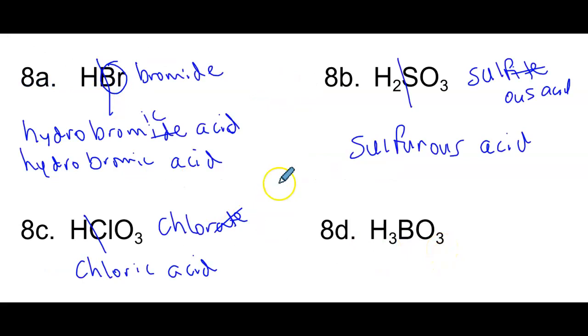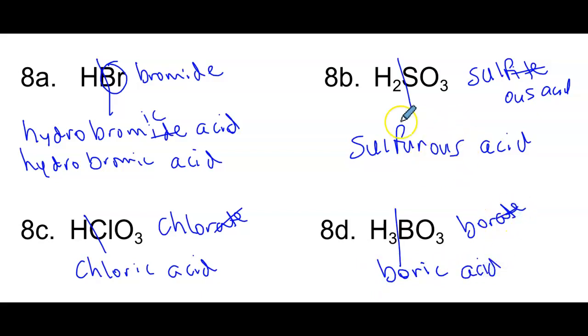Okay. Split it. I'm going to look up BO3 and I'm going to see on my ion sheet that it's called borate. So it's going to be called boric acid. Remember, the only one that goes back to the root word is sulfur. Anything with the sulfate, sulfite, and then sulfide, all those go back to the root word.